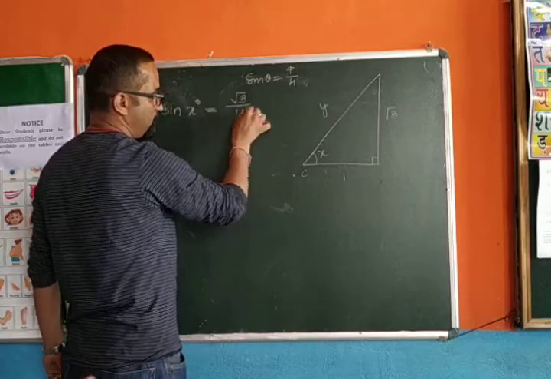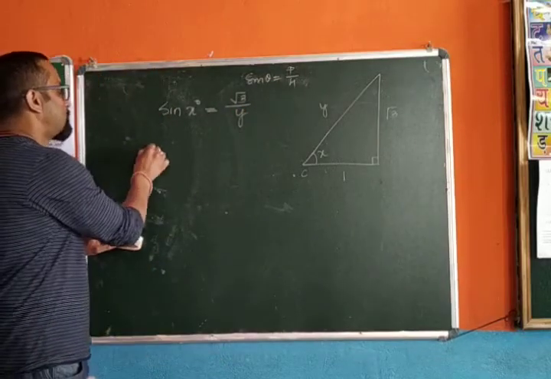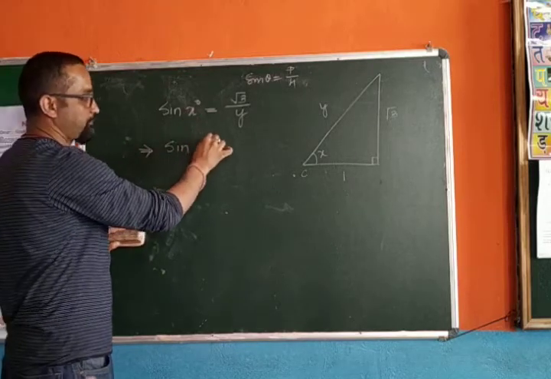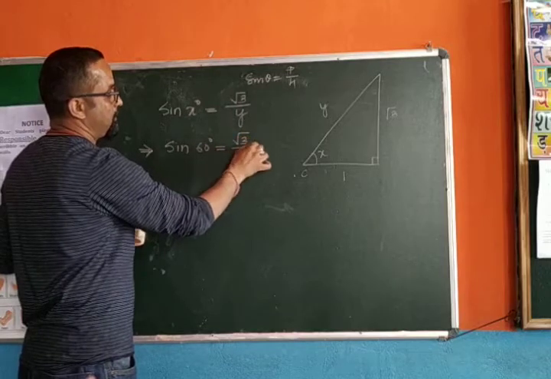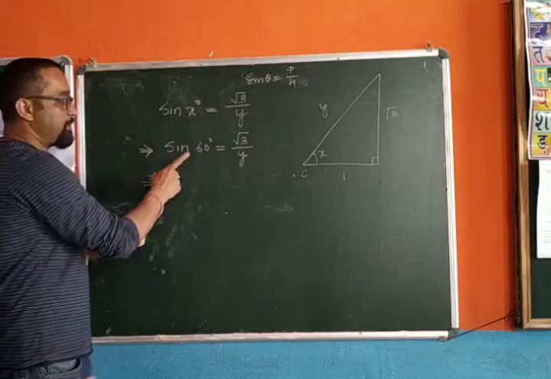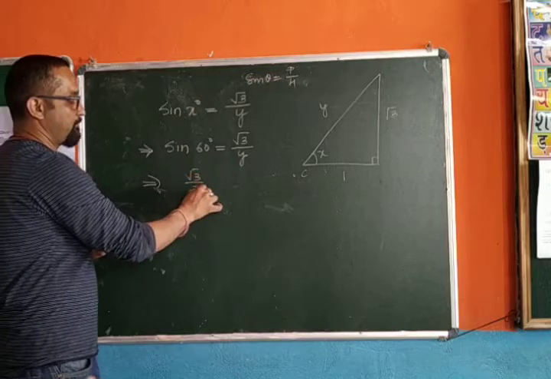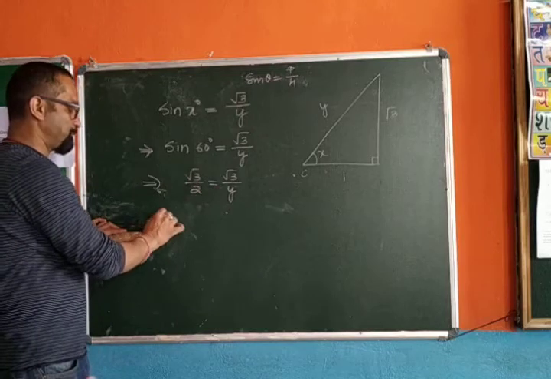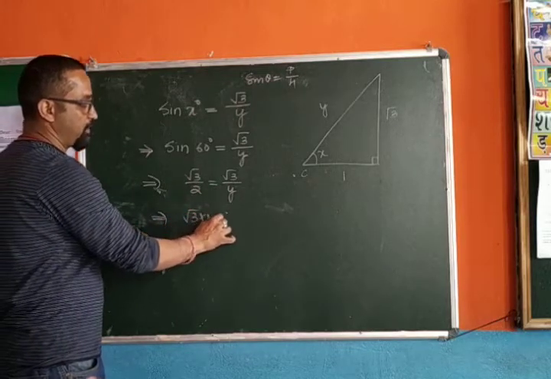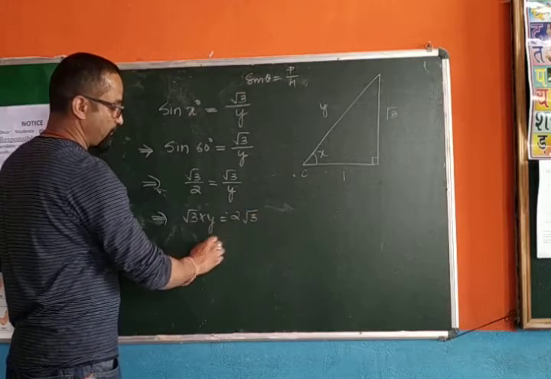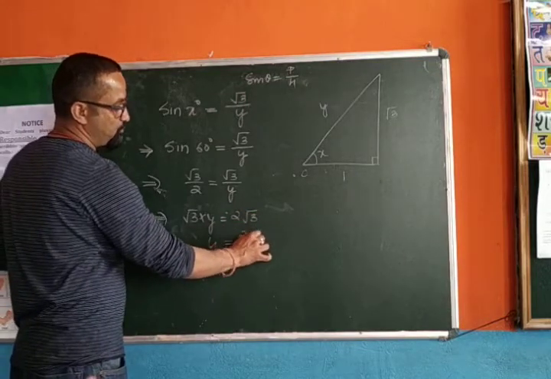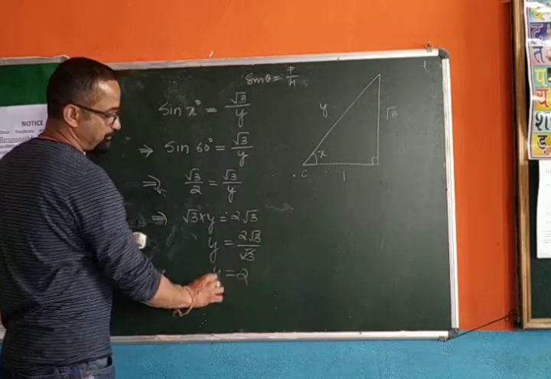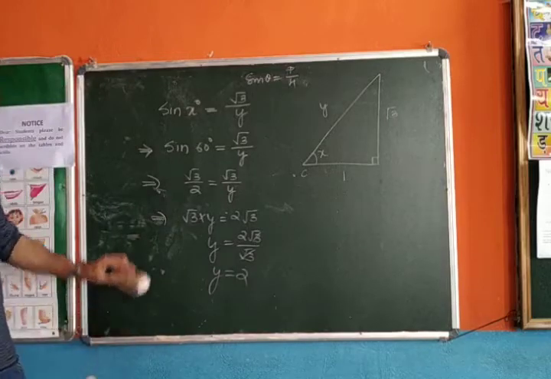Hypotenuse is y. Now substitute here. We know the value of angle 60. Root 3 divided by y. Sin 60 is root 3 by 2 again, which is equal to root 3 by y. Now you cross multiply. Root 3 into y is equal to 2 root 3. Make y the subject of formula. 2 root 3 divided by root 3. Cancel it. It gives you 2. Value of y is 2.